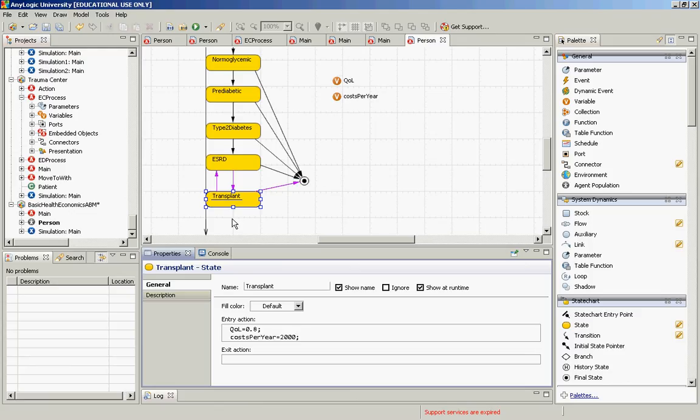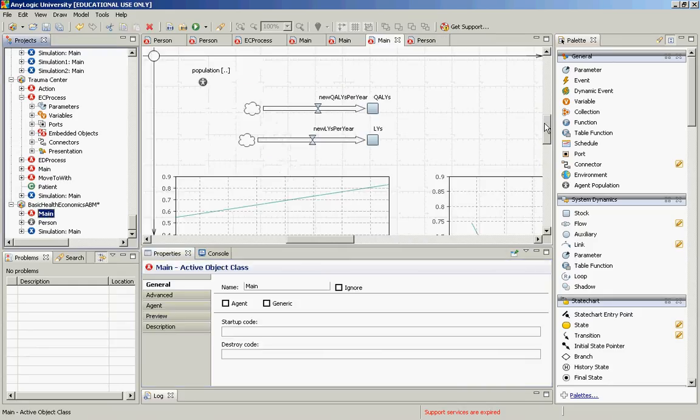Now, at this point we're omitting an important cost, the cost of the transplant event, and I'll come back to that. But I just want to bring this principle through of this cost per year that is exerted by people in the population, and we can total it up across the population in a similar form.